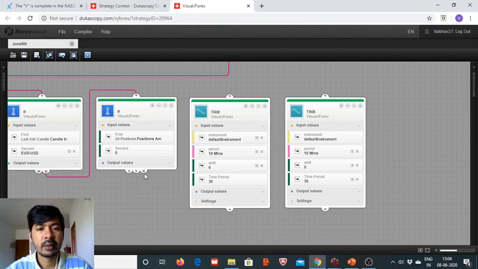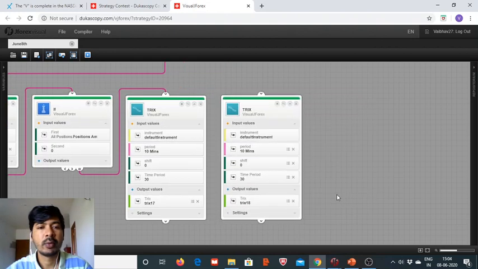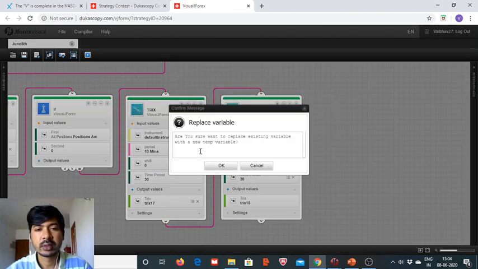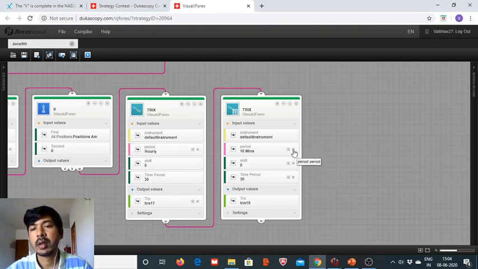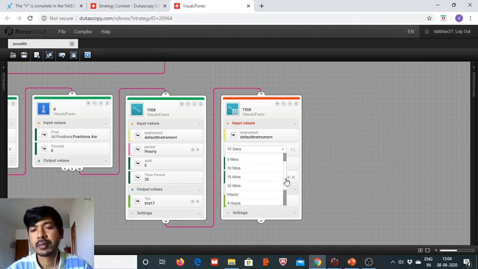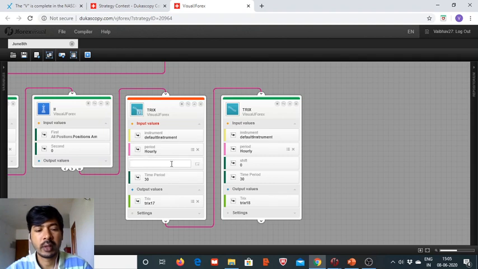And here the position amount, output values, input values. Now we will need to define it at 1 hour each. Hourly, and these as well hourly. Shift 1 and shift 2.